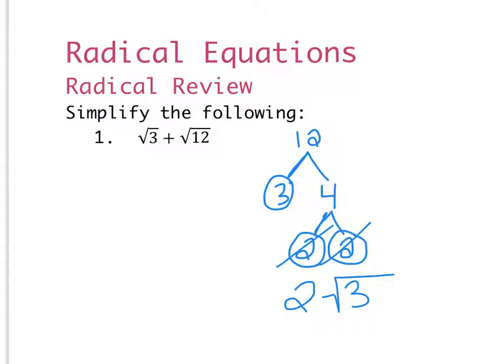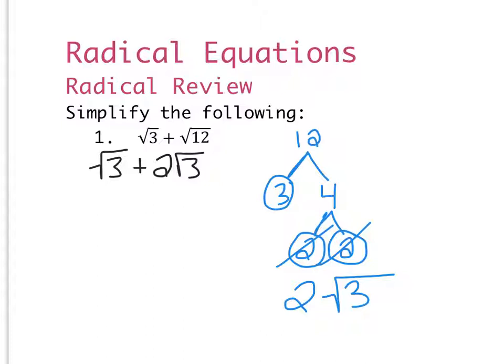So let's replace that in our equation. We have square root of 3, and now we have 2 square root of 3. Now we have the same thing under the radical. They both have 3's. Now we can add. When adding radicals, if you have the same number underneath the radical, you add what's in front.